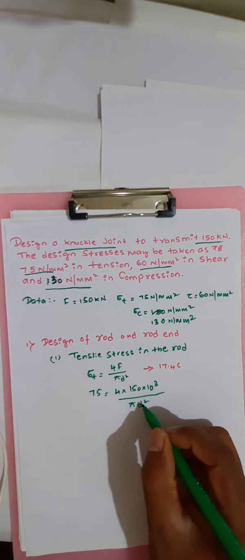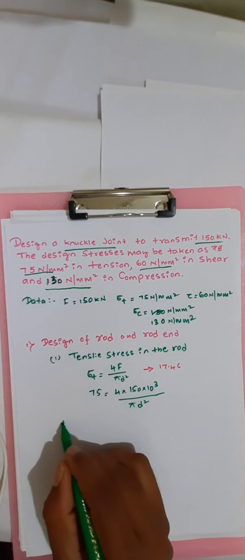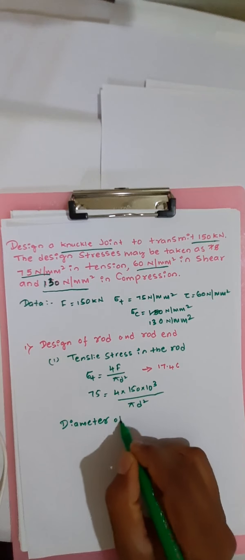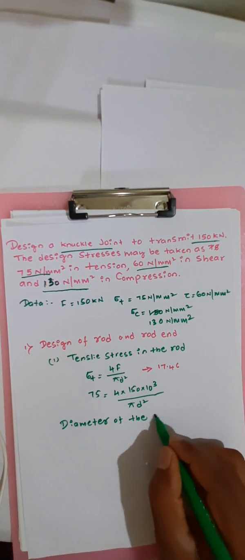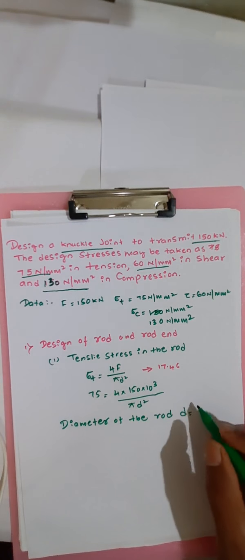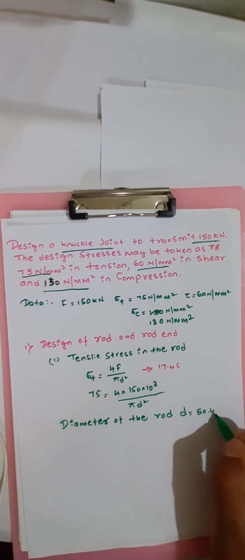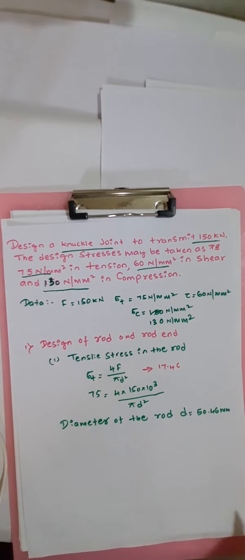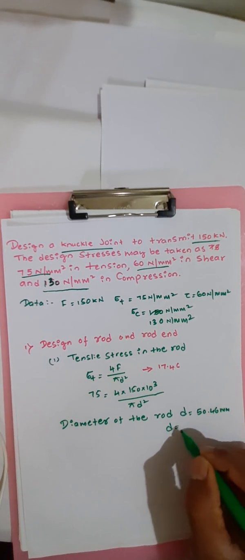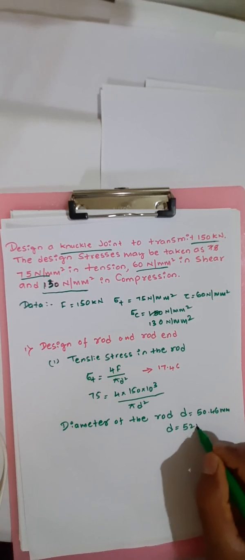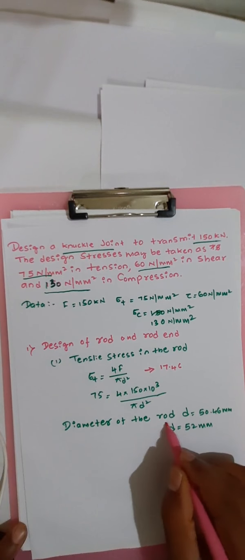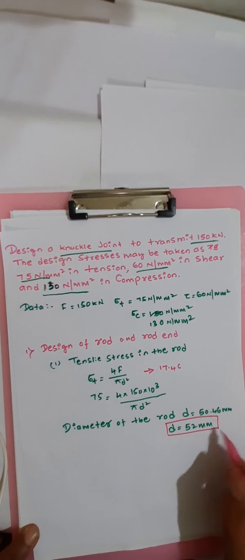We need to find the diameter of the rod. Simplifying, we get D equal to 50.46 mm. Say the standard diameter D is equal to 52 mm.